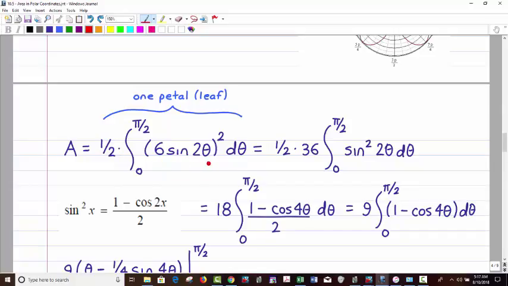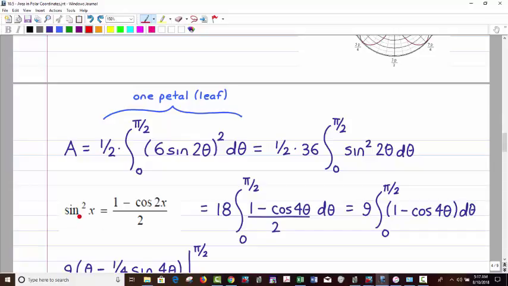We have 6 sine 2 theta squared, so because they're multiplied, I squared the 6 and brought it out, made it 36, and that leaves sine squared 2 theta. So we will use the double angle formula for integrating. The only difference between this and cosine is it has a minus between them.